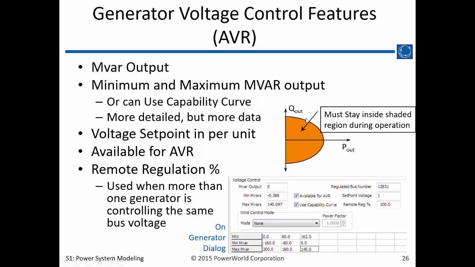So it would just do a kind of a straight line approximation for that part of the curve. And then you could say at 162.5 megawatts, it would be 0, so it would be all here, and 140. So it would be a kind of funky shaped looking curve, but it would be a little bit more of an approximation of this shape than just providing a single min and max megavar.